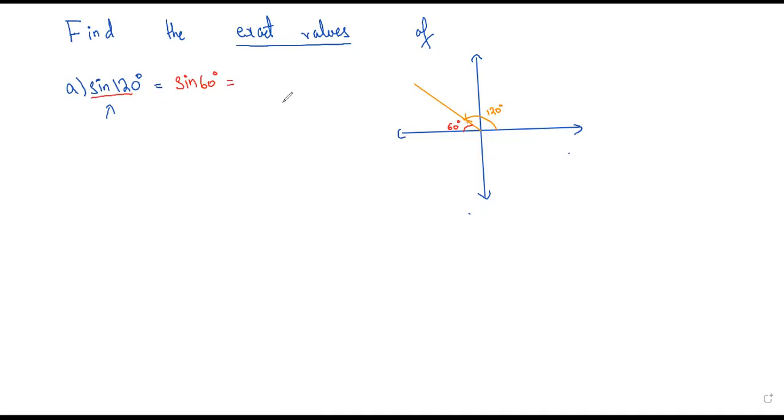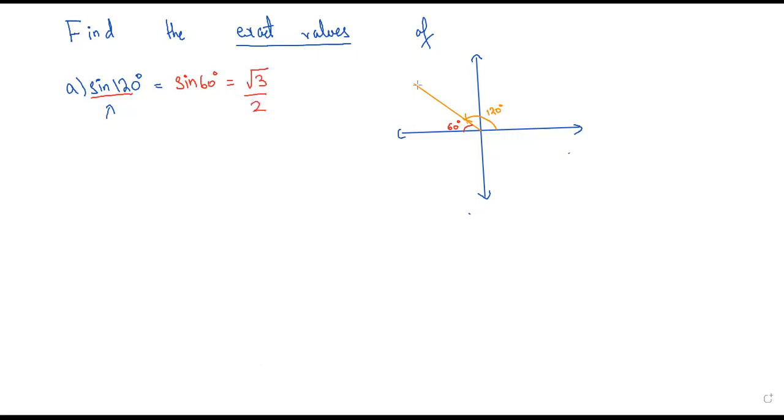Just check it on your calculator and make sure that your calculator has that D on it because the angles are in degrees, not radians. Yes, they're the same, and that is root 3 by 2. Since the question says we need to find the exact value, we will write down the exact value, root 3 by 2. Now, what do we understand by root 3 by 2?